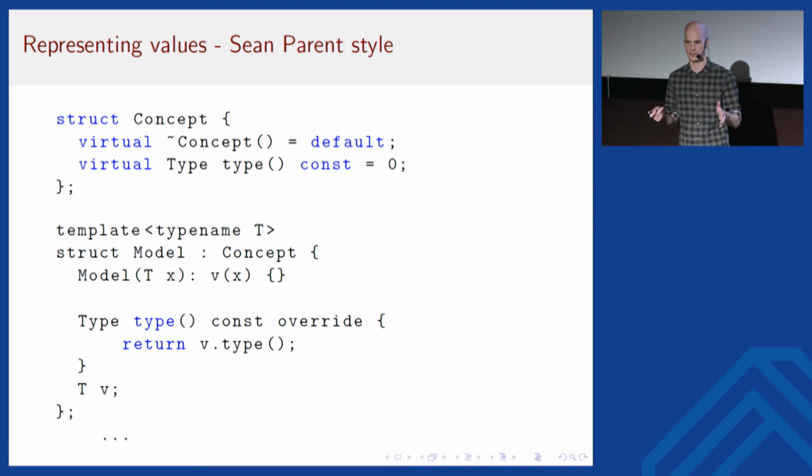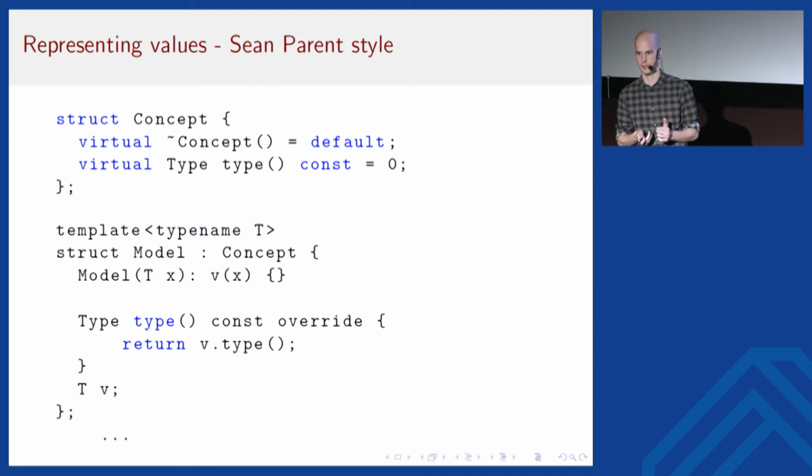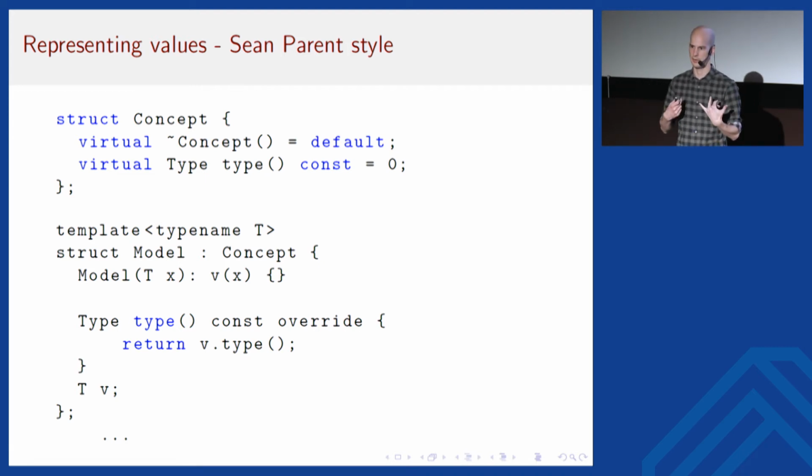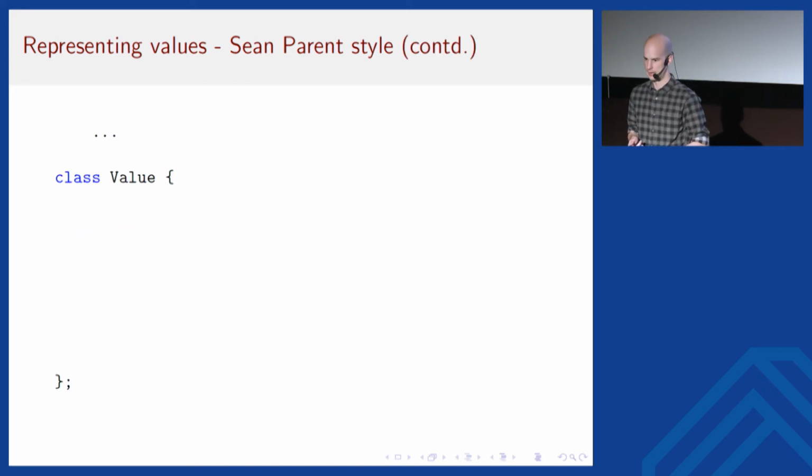And then this model of T will implement the interface that is specified by concept, and I can invoke it polymorphically when I have a concept pointer.